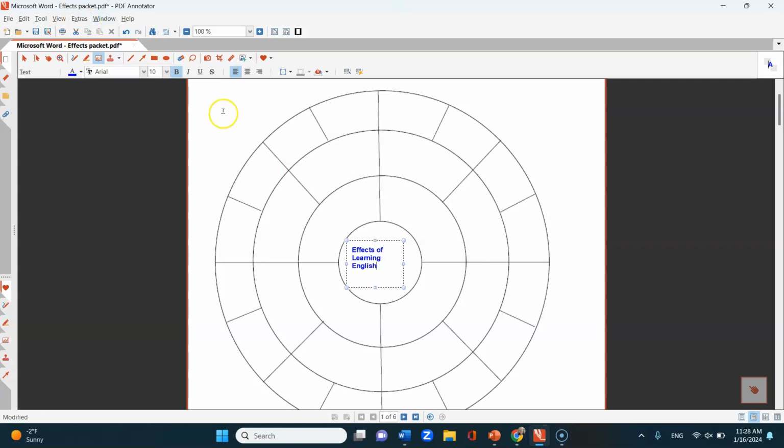Okay, I already thought of one sub-point, right? My point that I already thought about was about my career opportunities. Okay, so these are things that are related to work or to a job. Okay, so what can I say? What do I mean?